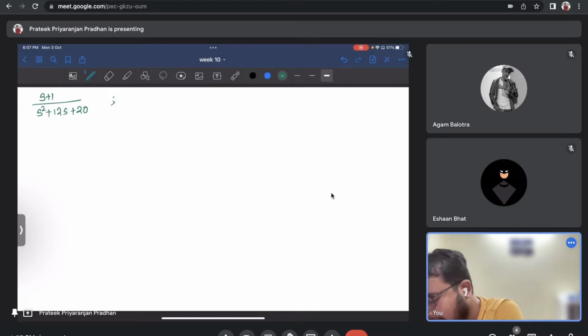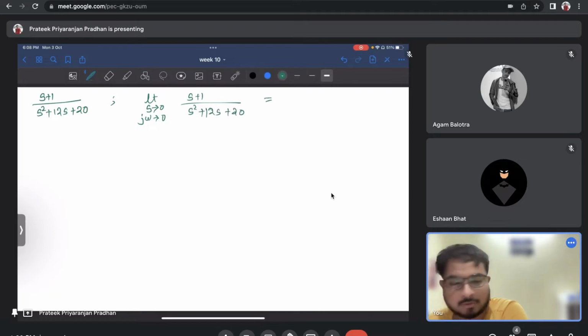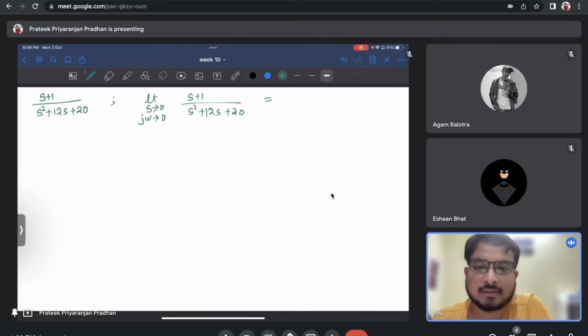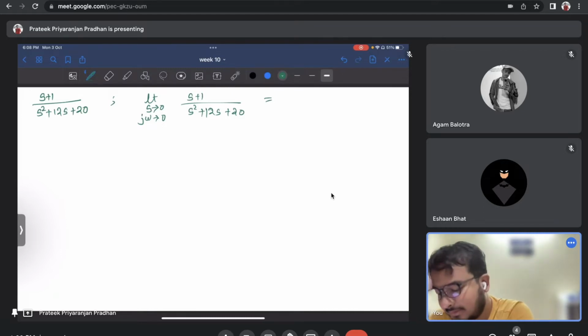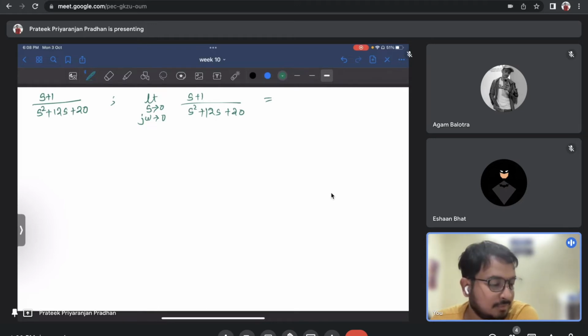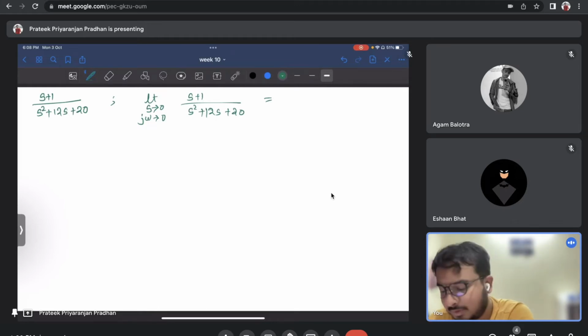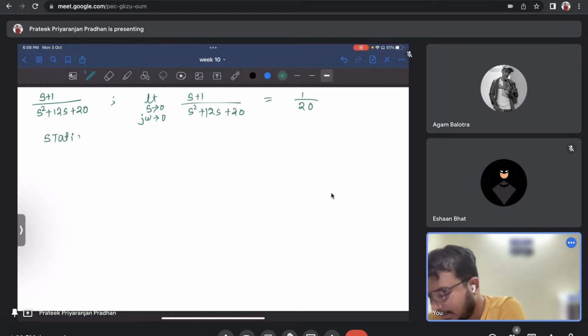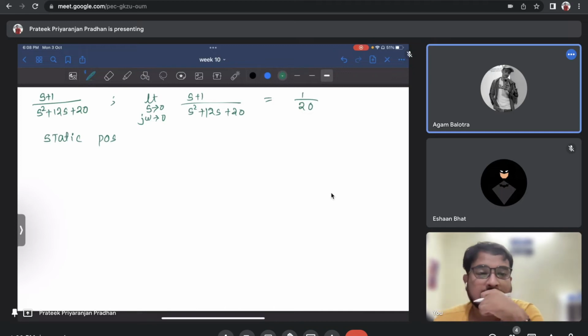What will be the value of the limit as s tends to 0, which means j omega tends to 0, of s plus 1 divided by s square plus 12s plus 20? Very straightforward, you can directly say the static position error constant will be 1 by 20.